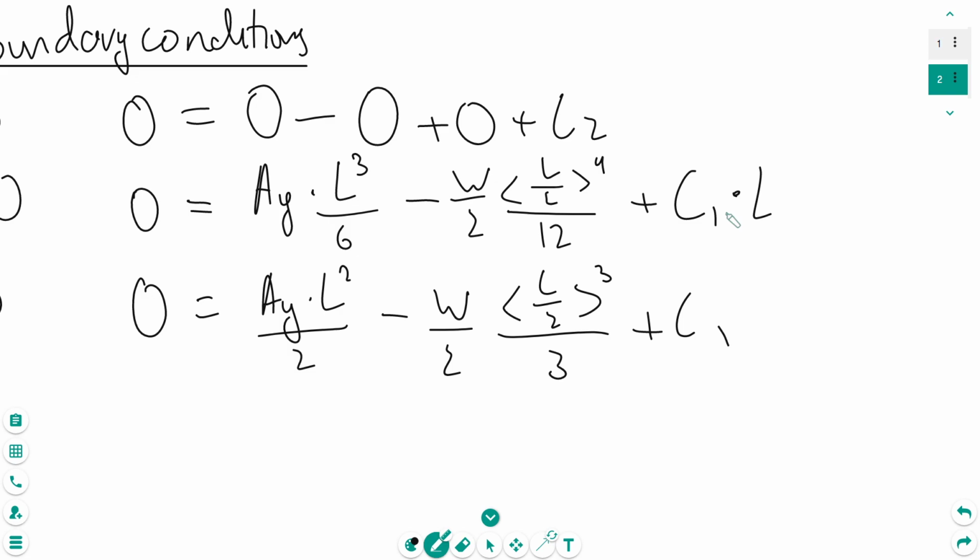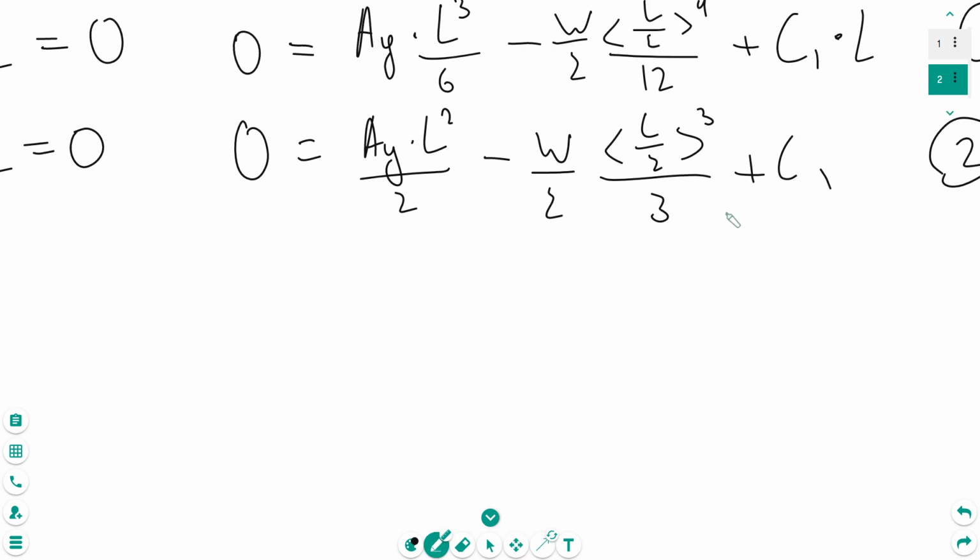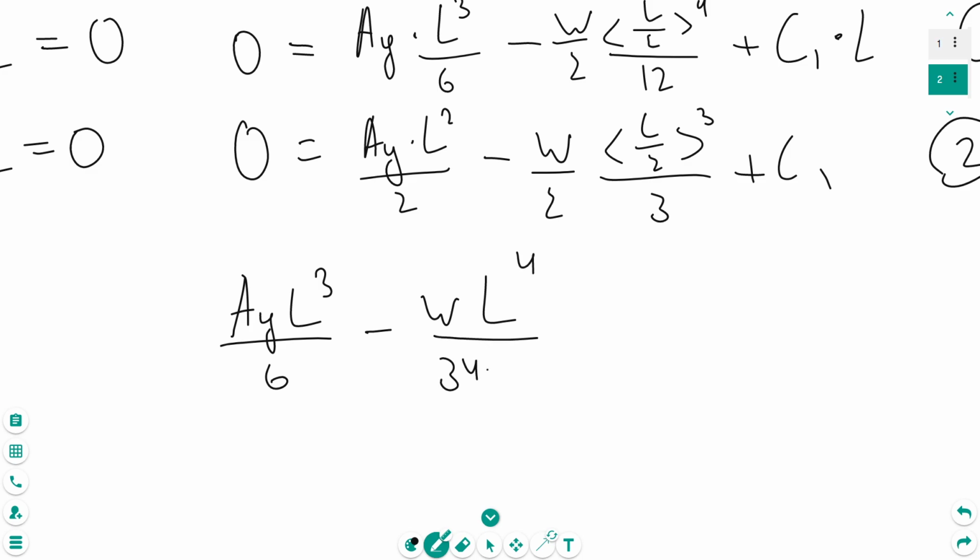Now we have two equations right here. Let's label them 1 and 2. If I write these out in a nicer form, I get that equation 1 can be written as ay L cubed divided by 6 minus w L to the 4th divided by 384 plus c1 times L, and that equals 0.